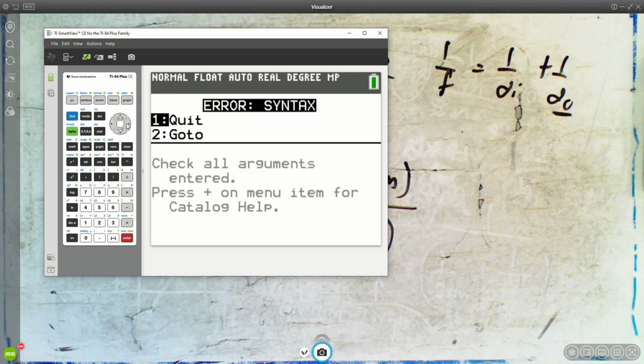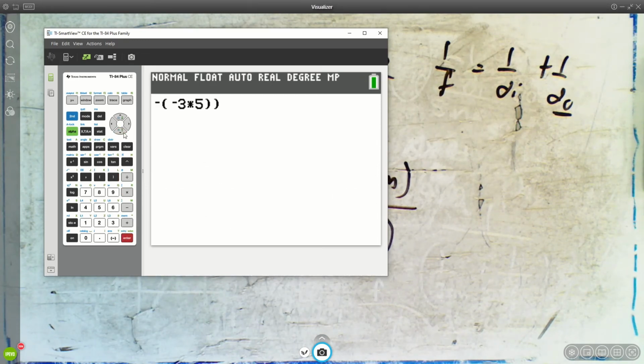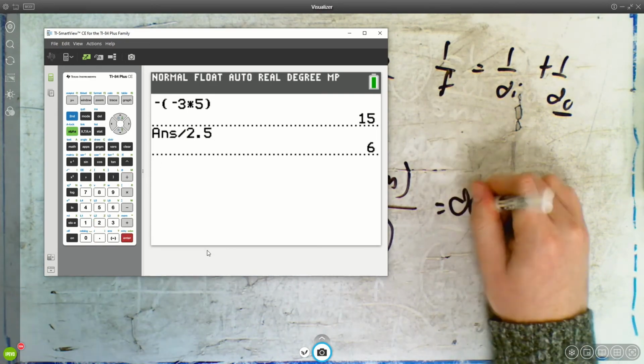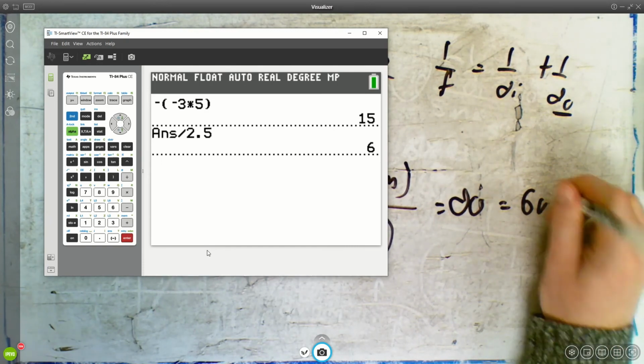Oops, I put an extra bracket on there. Let's get rid of that extra bracket. Is 15. And then if we divide it by positive 2.5, we get our distance to our object, which is 6 centimeters.